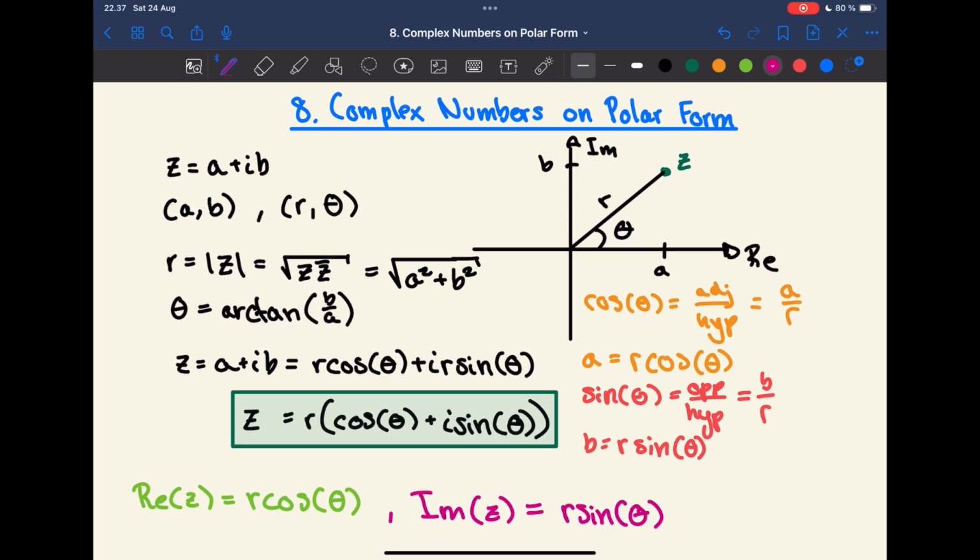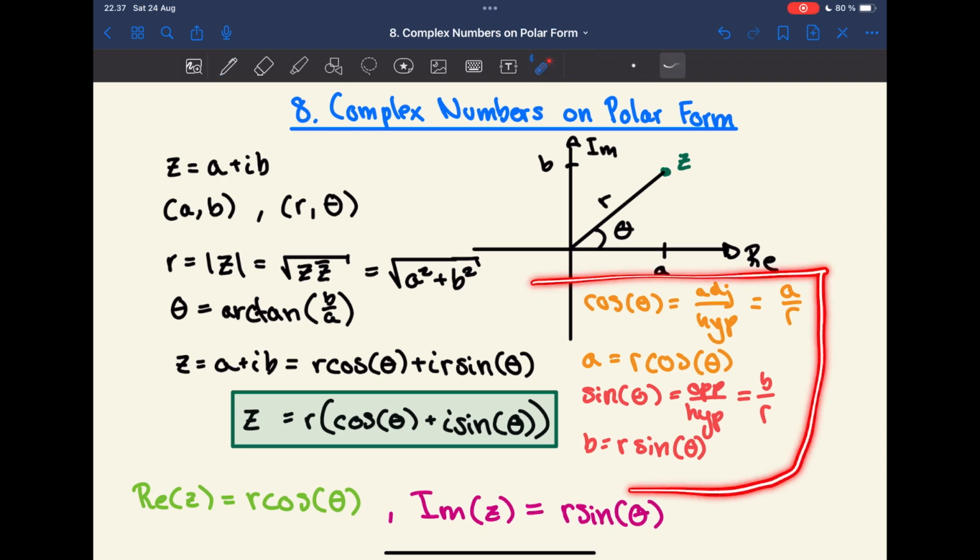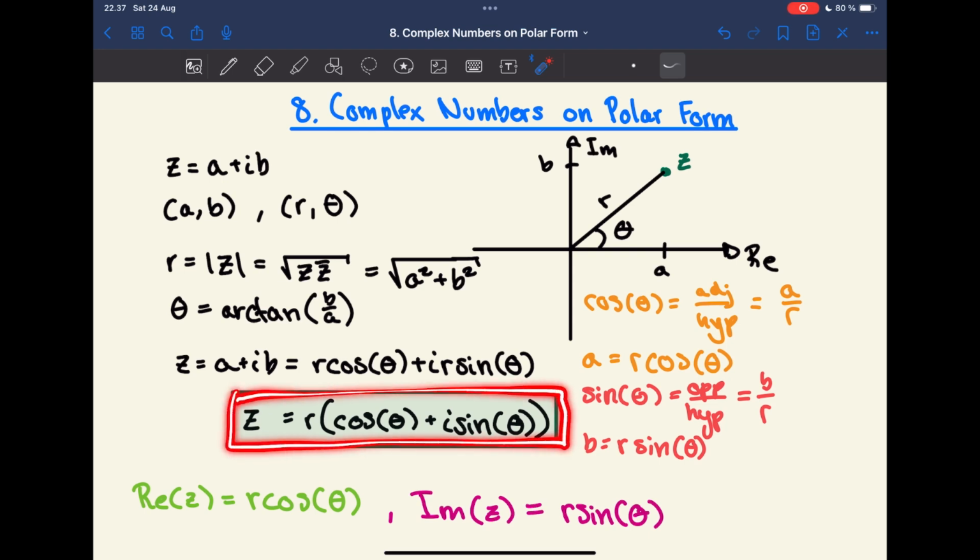There we go. So there you have it. That's how we write complex numbers on polar form, and the motivation for why we write it this way is what you just saw here. And as I said, this will be the new way that we're going to look at complex numbers almost every time. So it's a very good thing to remember this, and especially this form of a complex number.